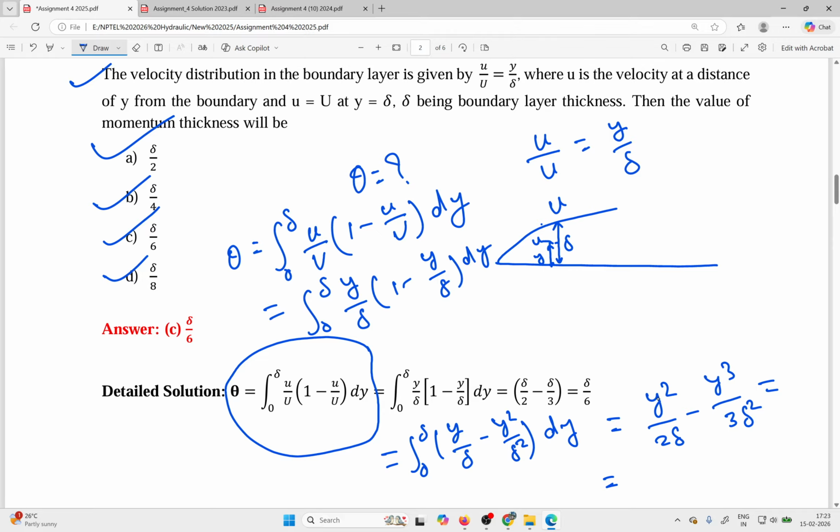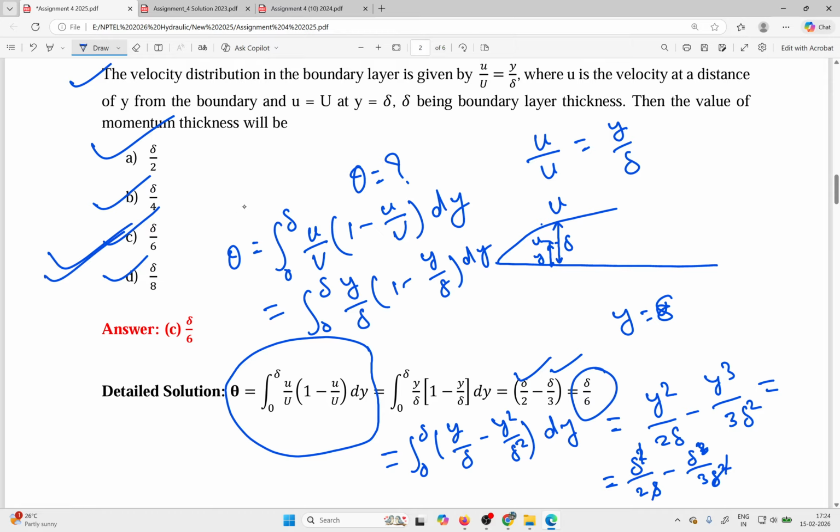So let us put here the delta. When we put the delta, delta square by 2 delta minus delta cube by 3 delta square. So delta will cancel out, so here is square, so 1 delta will remain, and you will get delta by 2 and delta by 3. So after the calculation you will get delta by 6.